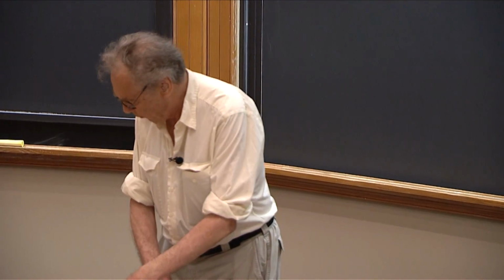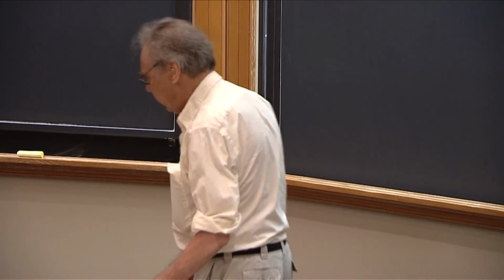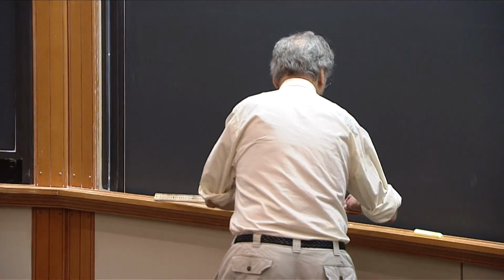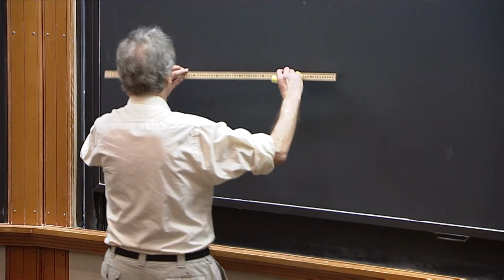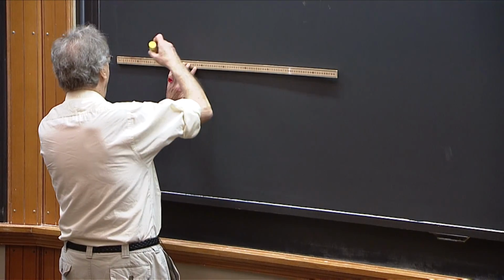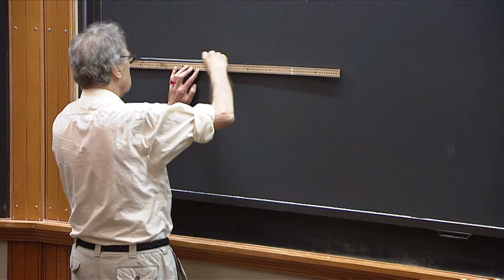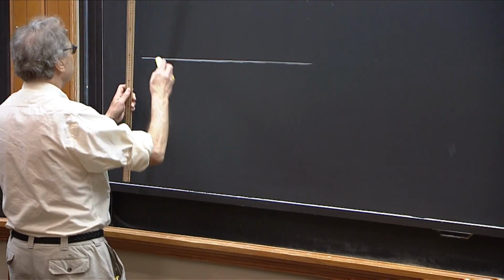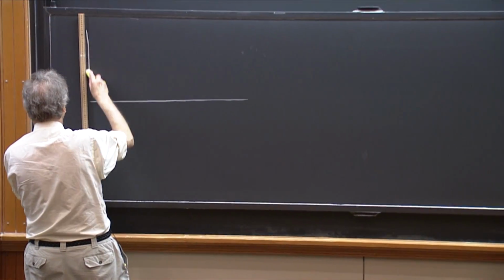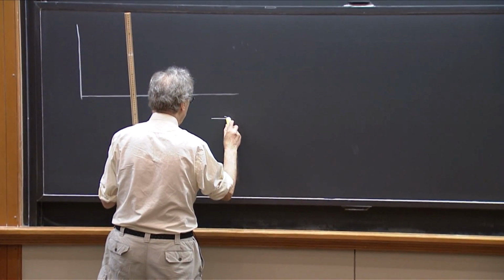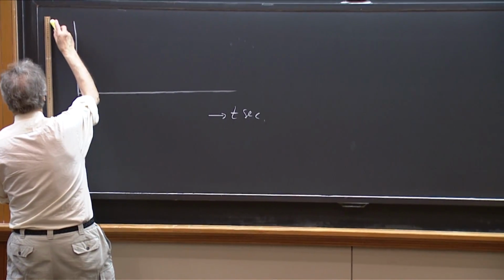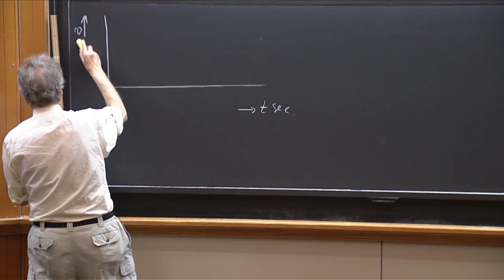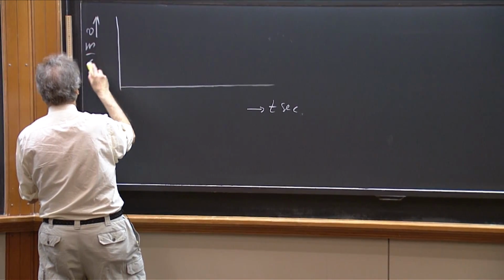I now want to make a plot of this v versus t in the same way that I did last time, just to warm you up a little. This is t, in seconds, and this is the velocity, in meters per second.